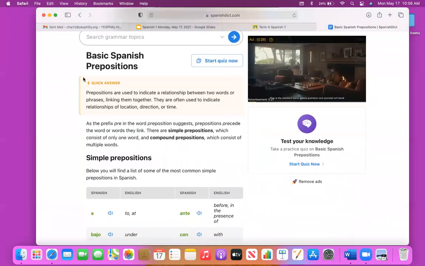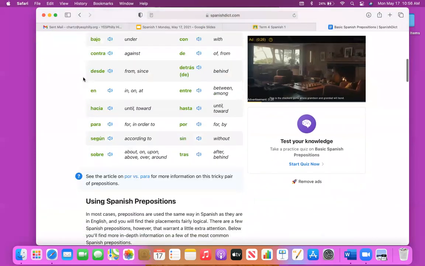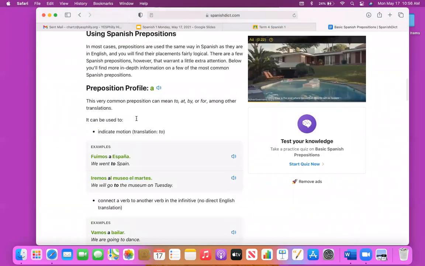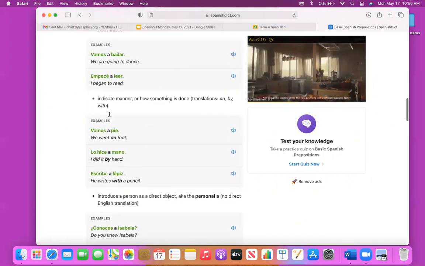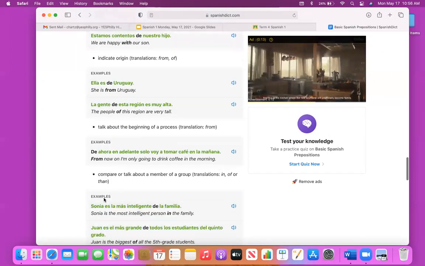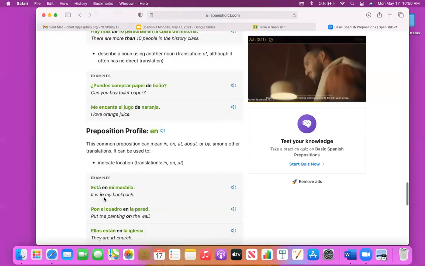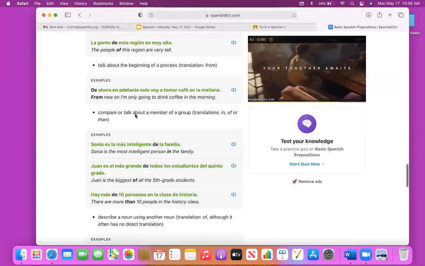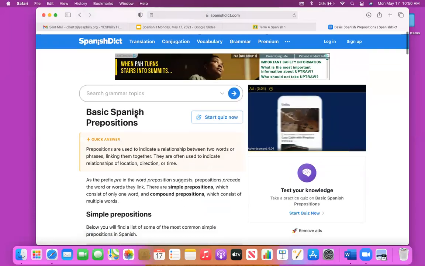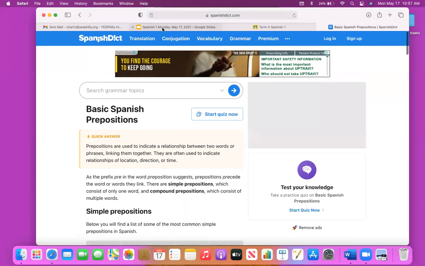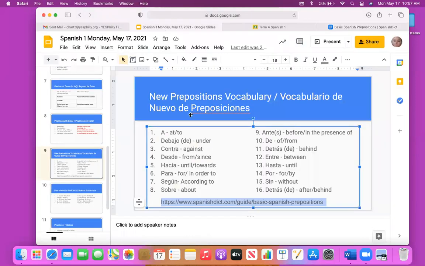It's called Basic Spanish Prepositions, and it gives you a list of the prepositions, and it actually gives you a preposition profile of all of these and the more difficult ones and things like that. So this page is really nice, and like I said, I do have the link on the PowerPoint, so feel free to use that at any time.